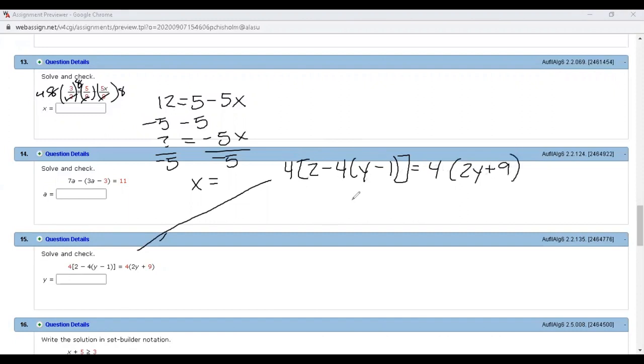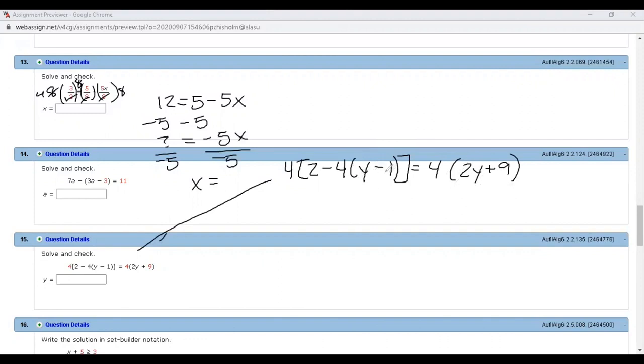Okay, so first, we want to start with our parentheses or our groups. But with that, we have to look and see what that involves. So inside of our brackets, we have a parenthesis group, and we have a parenthesis group here.